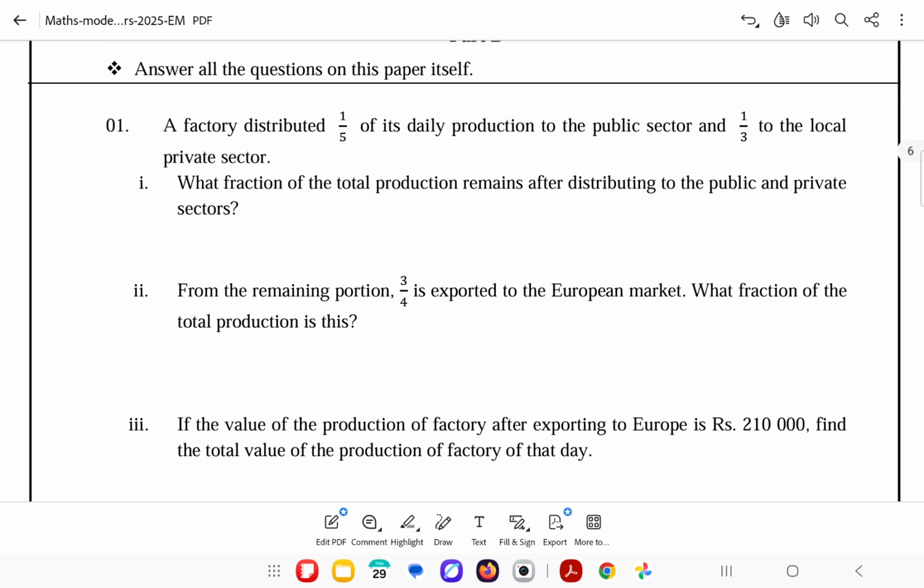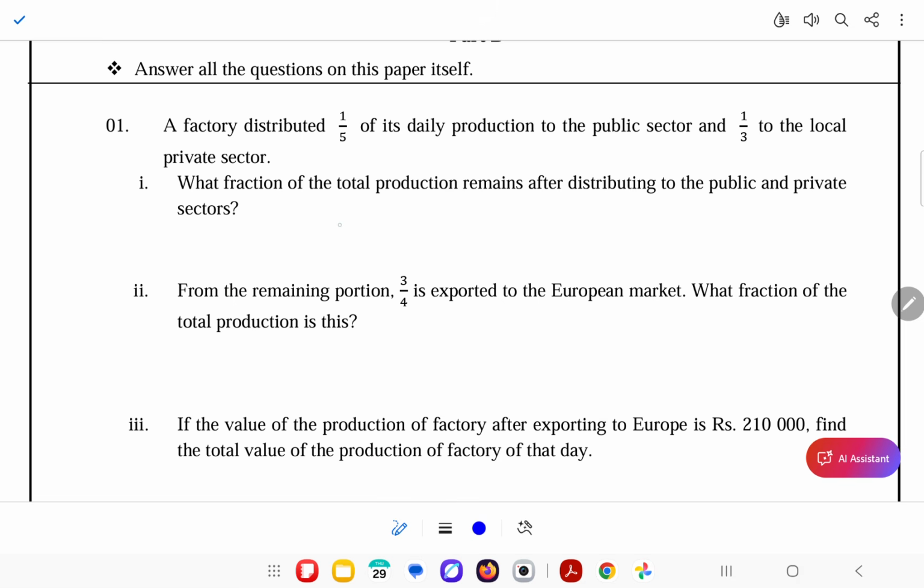A factory distributed 1/5 of its daily production to the public sector and 1/3 of it to the local private sector. What fraction of the total production remains after distributing to the public and private sector? Right. So total is 1.